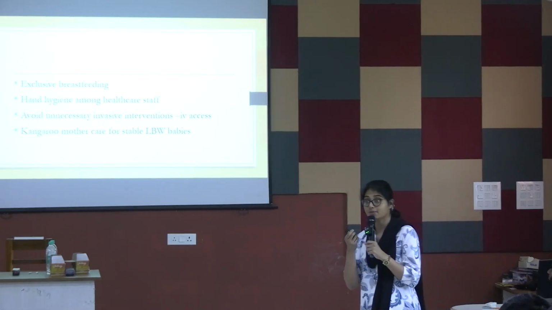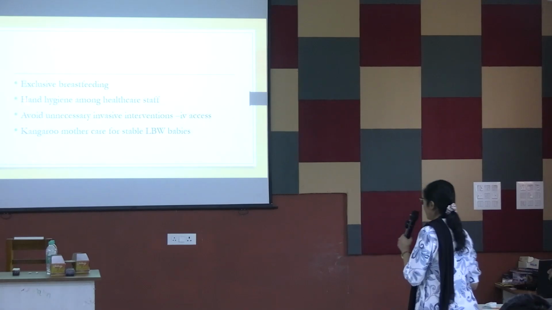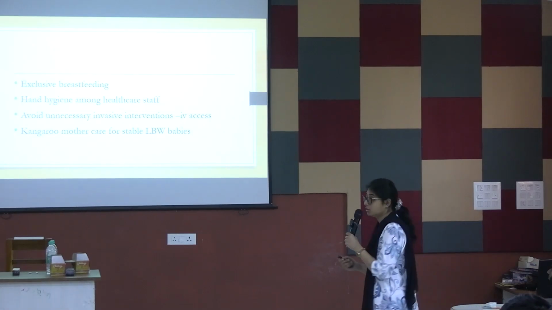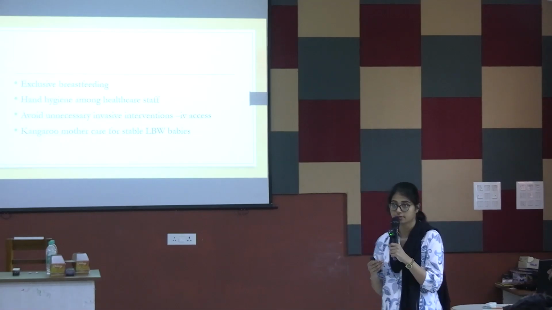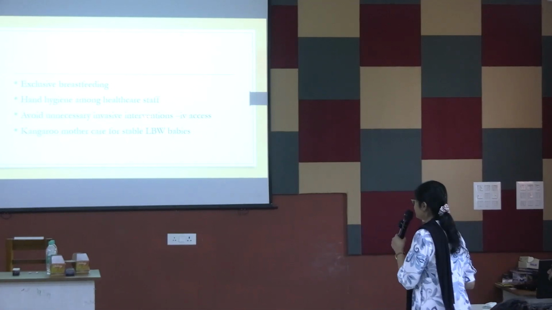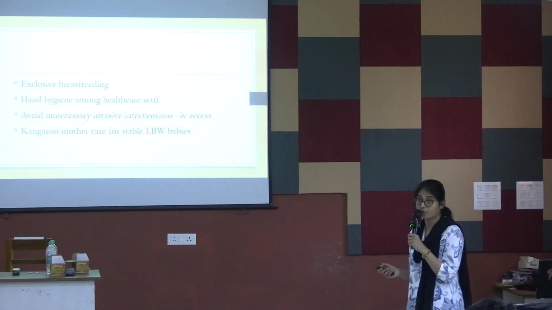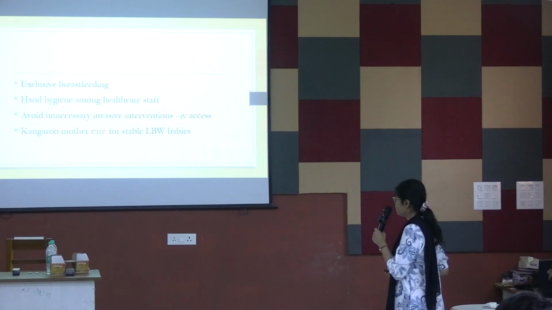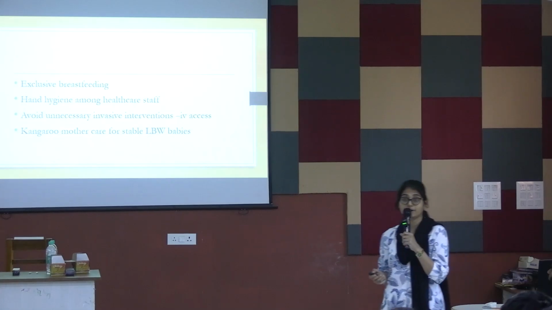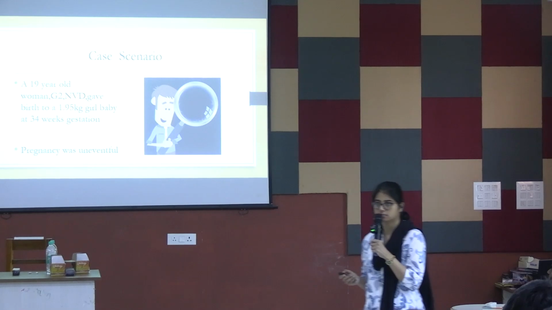Colostrum is very important because it helps in prevention of neonatal sepsis. Hand hygiene among the healthcare staff: before touching any newborn, you will have to wash your hands properly. Avoid unnecessary invasive interventions like IV access. If IV access is not required, please don't breach the skin integrity. Kangaroo mother care for stable low birth weight babies. You know about kangaroo mother care?